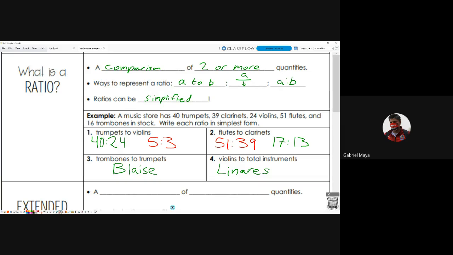So change Blaze. That'll be Hannah. It's Arias, right? No. Excuse me. Ramirez. All right. So Kristen, you're doing 4. Hannah, you're doing 3.